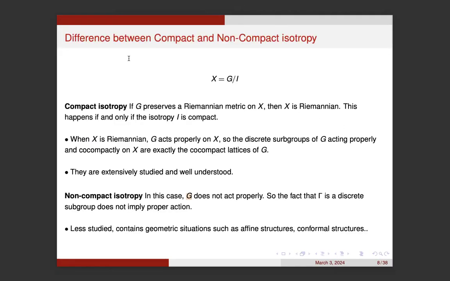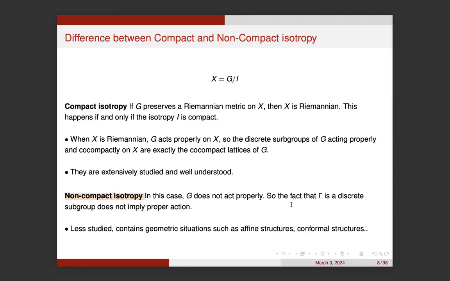So the first situation contains the Riemannian spaces. In the second situation, we can find many geometric structures: affine structures, conformal structures, and Lorentzian structures.